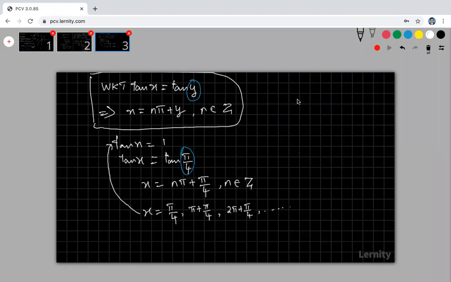This only belongs to 0 to pi. Pi plus pi by 4 is more than pi, 2 pi plus pi by 4 is also more than pi, and so on. Everything is more than pi, not pi by 4. My x is equal to pi by 4 is the only value that belongs to the given interval.